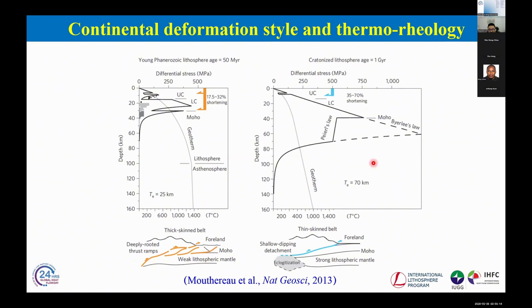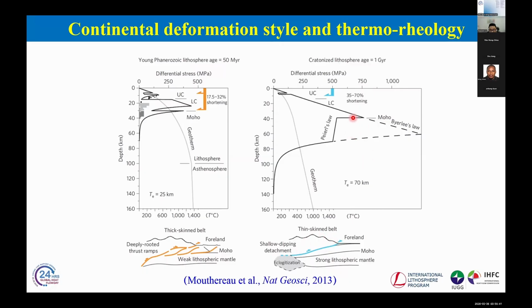While the other case is from the craton area, where the effective elastic thickness is about 70, which is quite large, which means the lithosphere is quite strong. So the surface deformation is a thin-skinned belt, which means the deformation and the crustal shortening focus on the upper crust like this one.